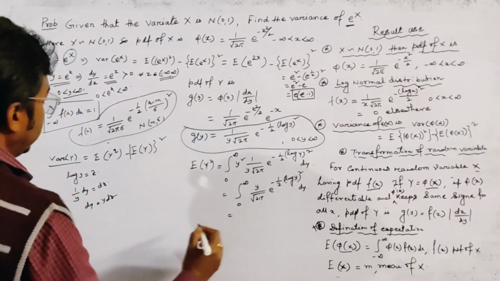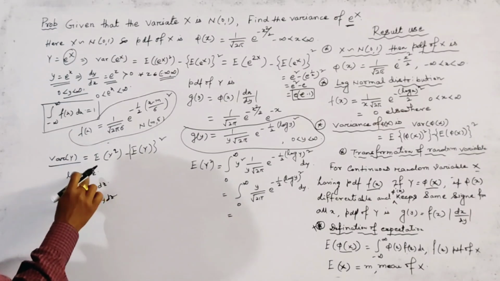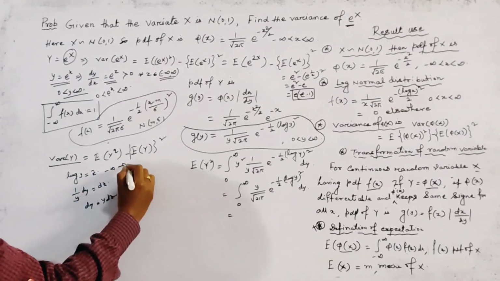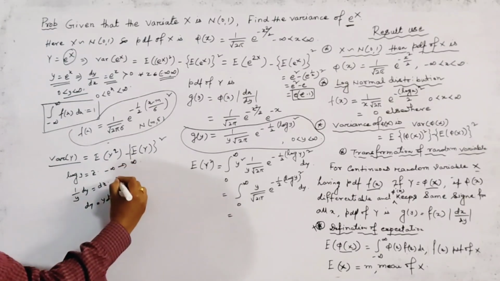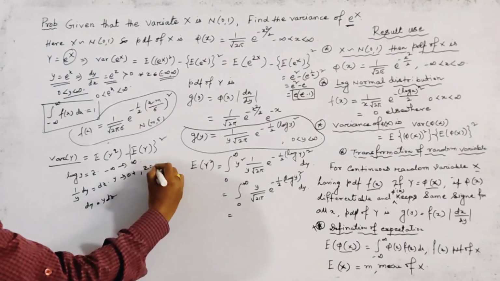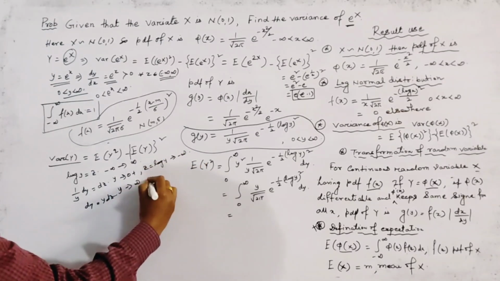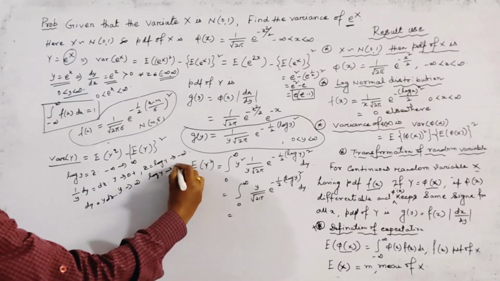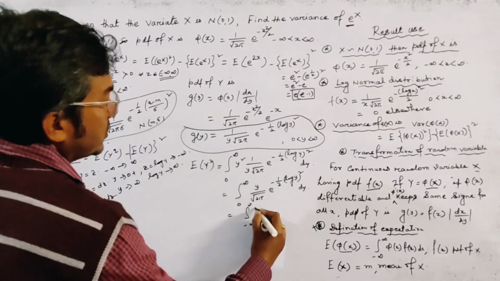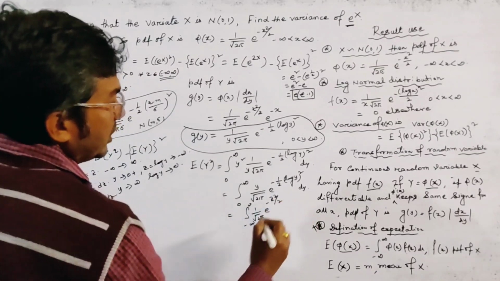Clearly the range of z is minus infinity to infinity, because if y tends to 0 plus, then z, which is log y, tends to minus infinity, and as y tends to infinity, log y tends to infinity. So the range is again minus infinity to infinity, and we get 1 by root 2 pi and e to the power minus z square by 2.